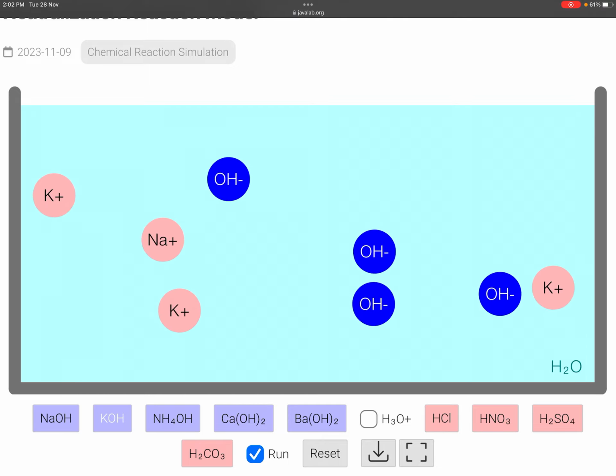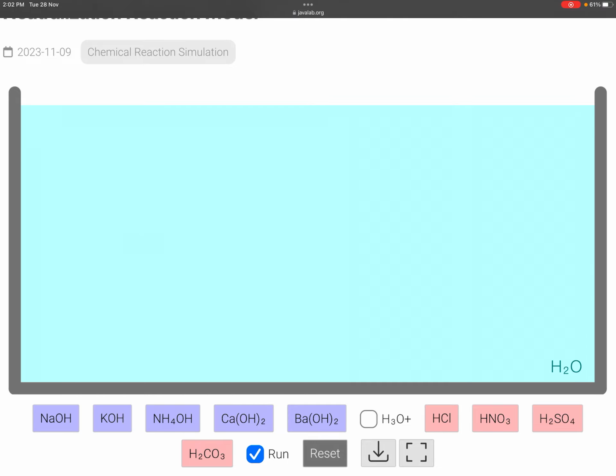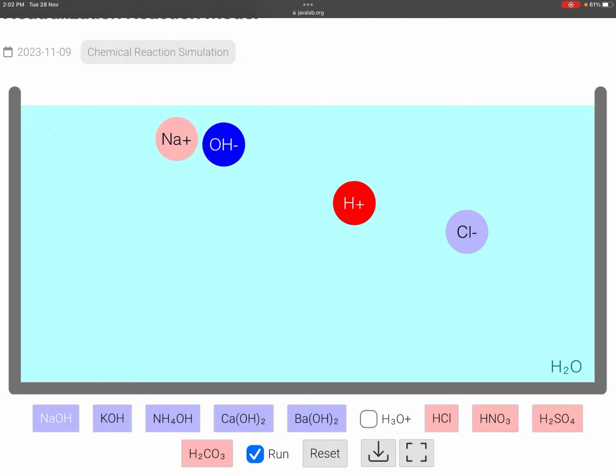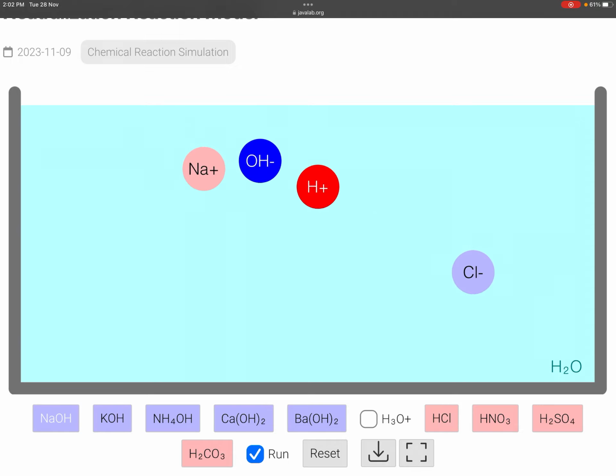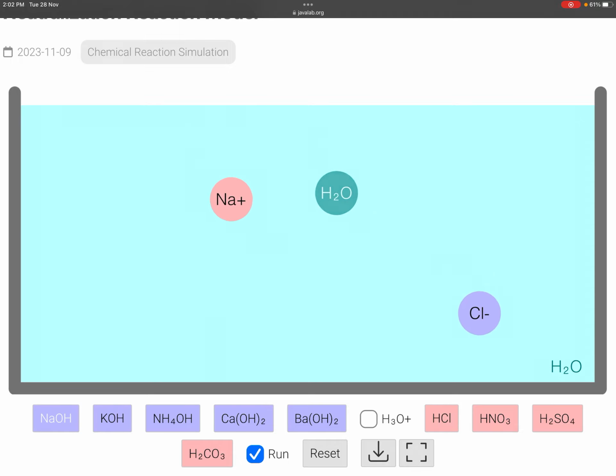برضو نكمل ايه اللي يحصل if الاسيد mixed or added to the alkaline. هناخد one molecule of HCl okay and another molecule of NaOH. تعالوا نشوف كده ايه اللي هيحصل. I will find that the H and OH join together وعملوا لي molecule of water.